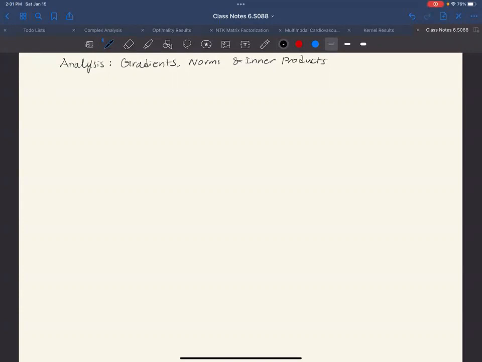Okay, so let's begin. If you have a function f from Rd to R, what we're going to do is compute the gradient of the function, which again is a function now from Rd to Rd.